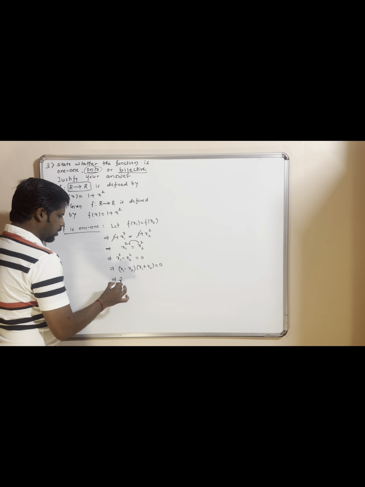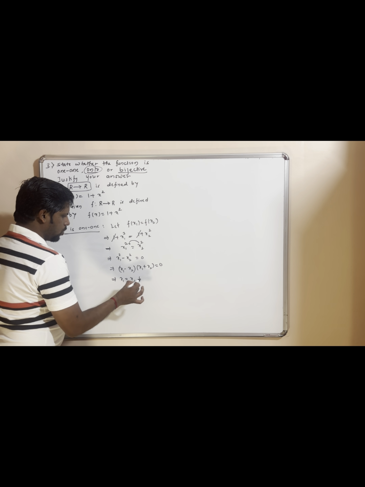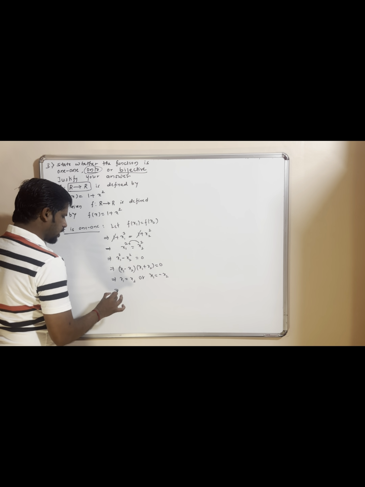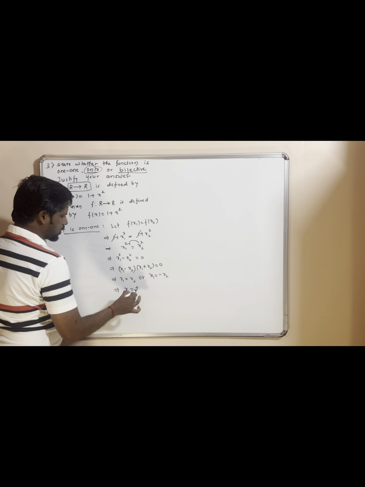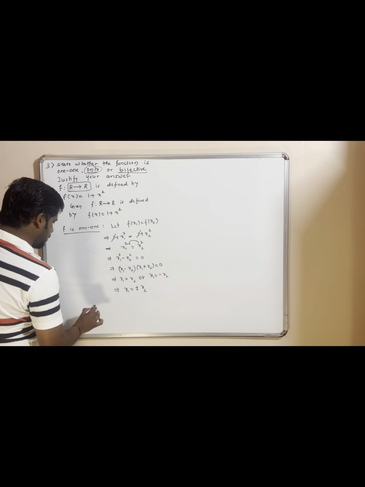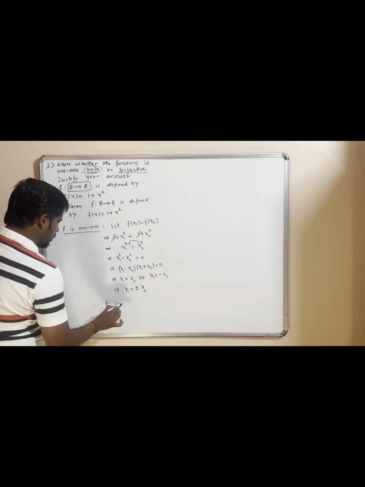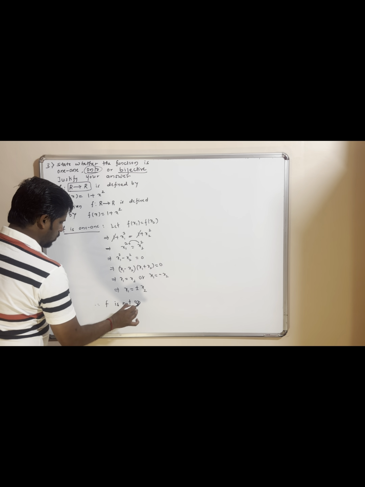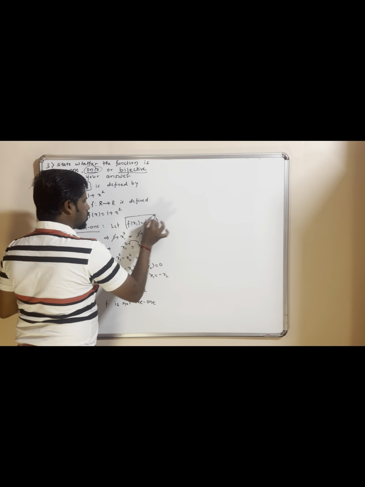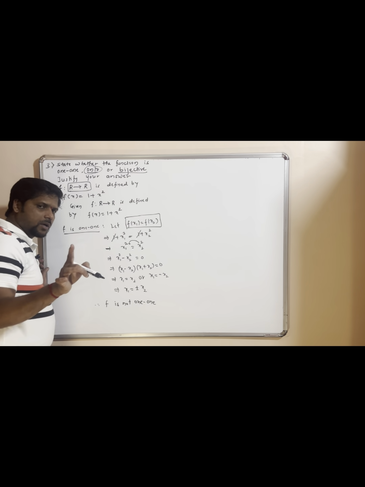So therefore x1 is equal to x2 or x1 is equal to minus x2, that is x1 is equal to plus or minus x2. So therefore f is not one-one. What we needed was: f of x1 is equal to f of x2, then we have to get x1 equal to x2.